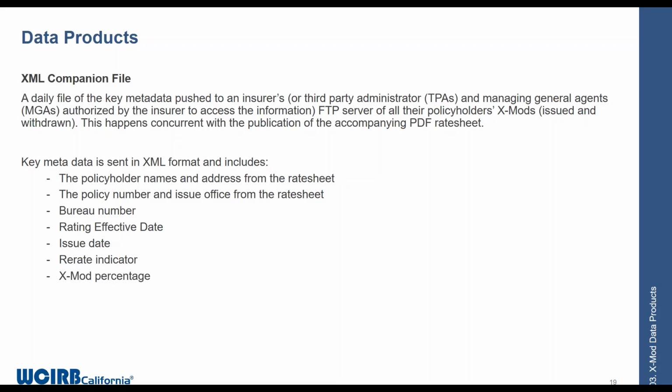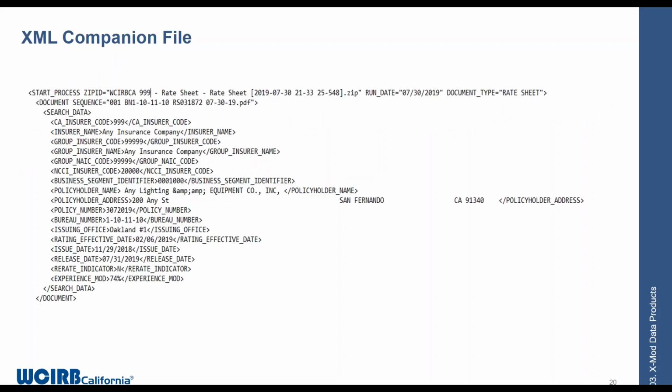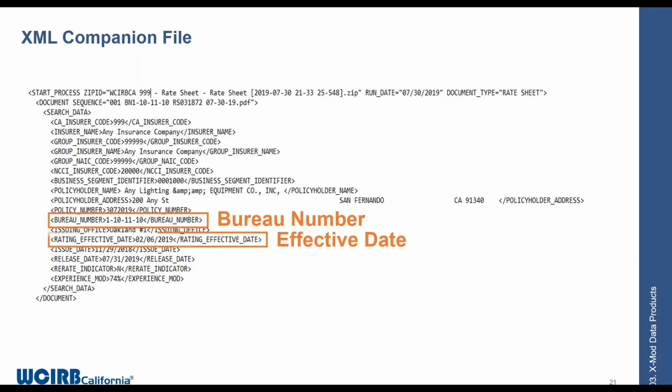So one of the things that I want to do today is do a little show and tell. I've told a little bit, so now I want to show you guys what it looks like. So this is an XML companion file. Again, it's a bunch of data in here. This is where the bureau number would be located. Here we have the rating effective date. Again, you're going to get the month, the day, and the year because you are the insurer of record.